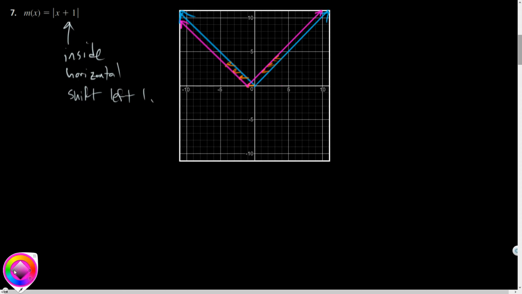So shifted over. What is my new vertex? That's a question they didn't ask here. What are the coordinates of my vertex? For the 0, 0. -1, 0. So there's my new vertex, right? Cool. My domain is all real numbers. Everything that way. And how about my range if I smush it to the y-axis?